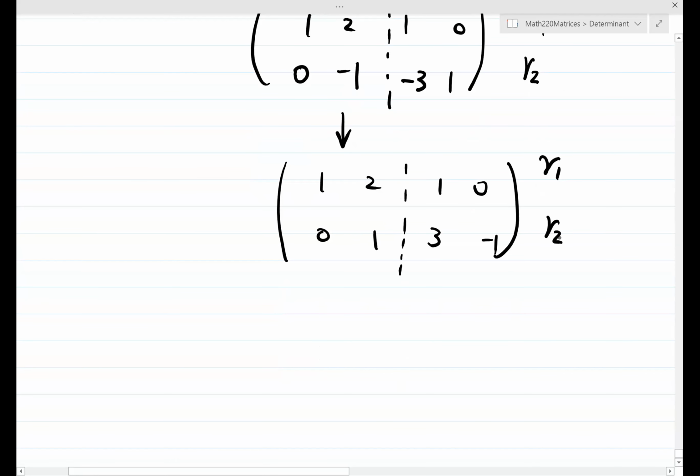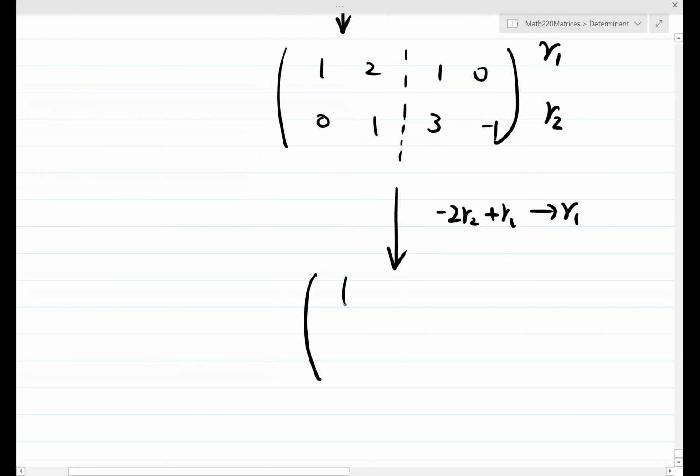Then we cancel the 2 on the first row, second column. So -2 R2 added to R1, replace R1. We get 1, 0, with the second row kept fixed, 0, 1.